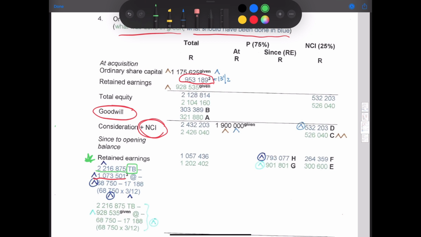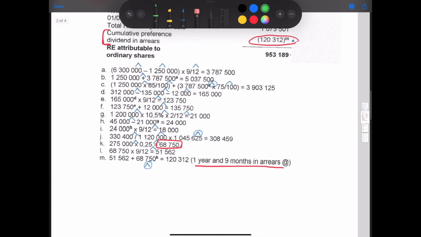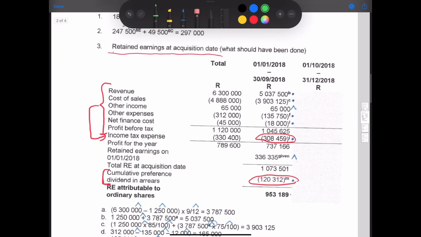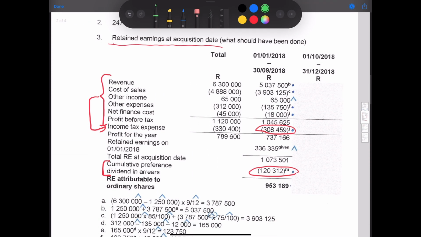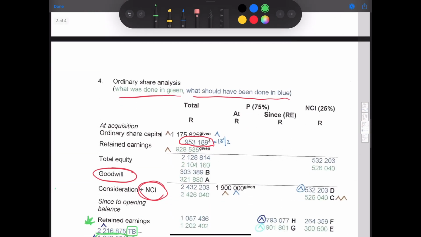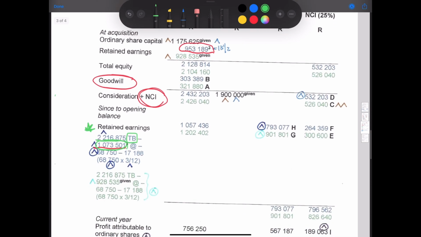You should have then deducted this amount here, which is the amount calculated above in your retained earnings at acquisition date calculation. This is the amount before you've deducted the cumulative preference dividends in arrears, because you then deduct this afterwards.